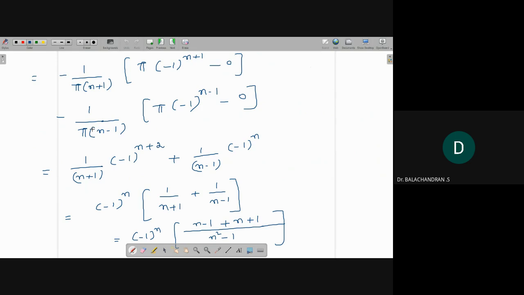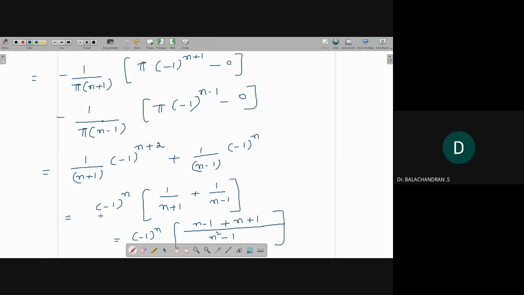If I multiply these two, pi gets cancelled: 1 by (n minus 1), minus 1 whole power n. Minus 1 whole power n plus 2 is the same as minus 1 whole power n.